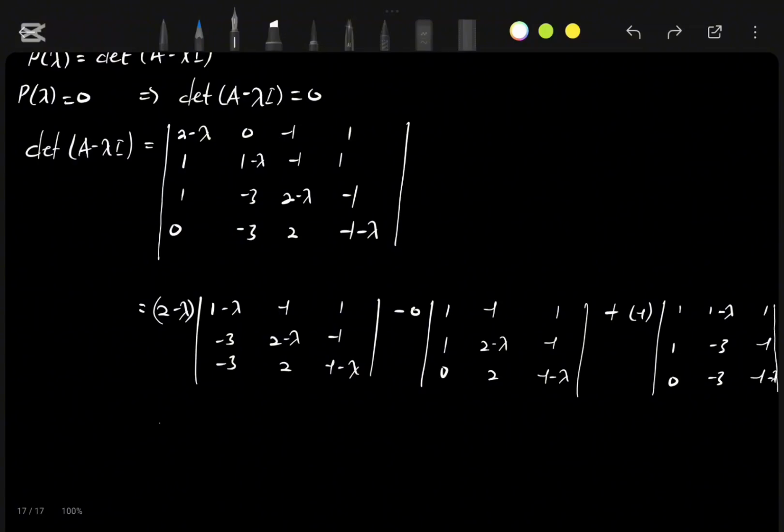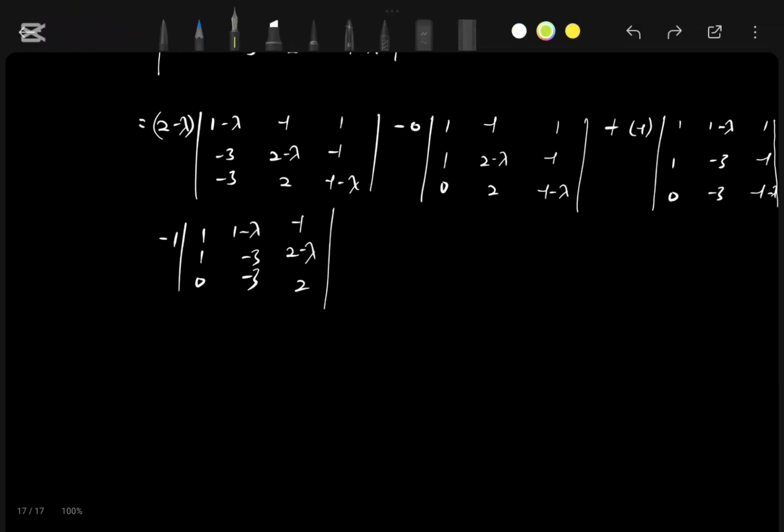Finally, we have minus 1, multiplying the determinant 1, 1, 0, 1 minus lambda, minus 3, minus 1, 2 minus lambda, 2. We see that this term will be 0, and finding the determinant this way would be a much more efficient way.